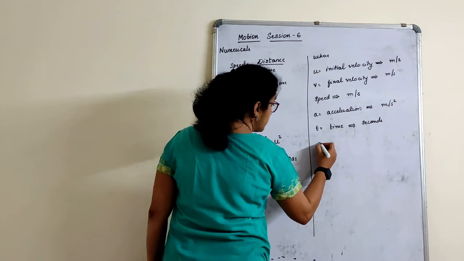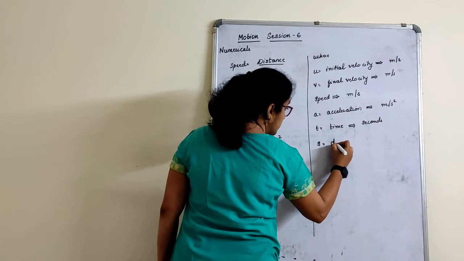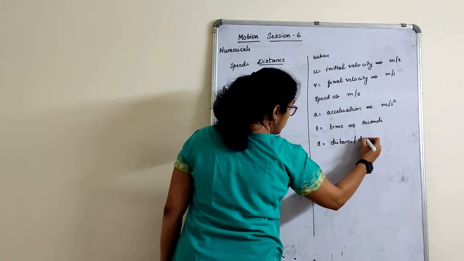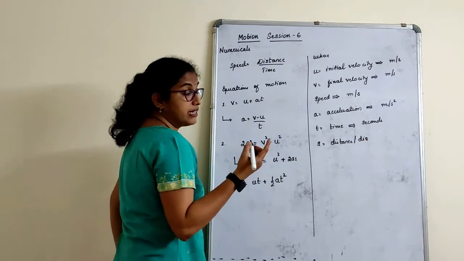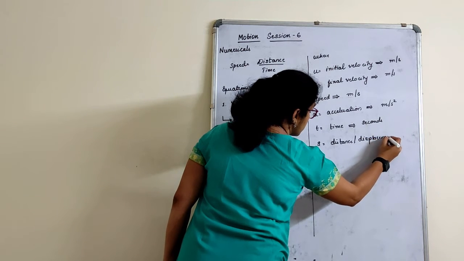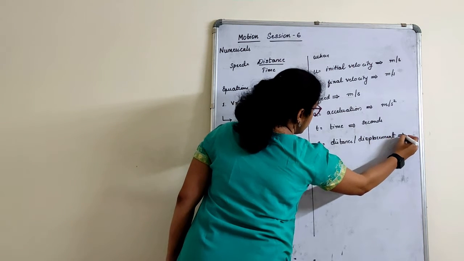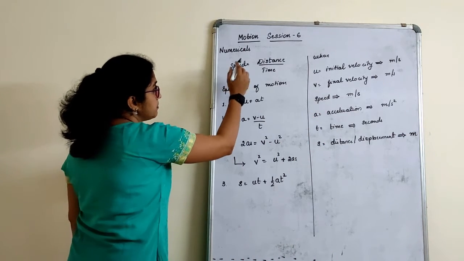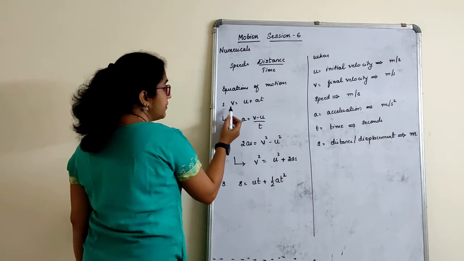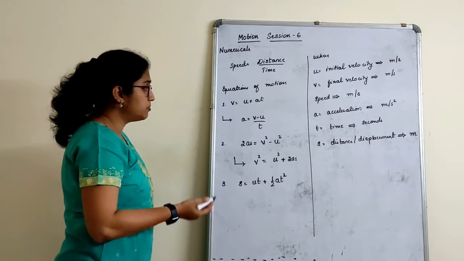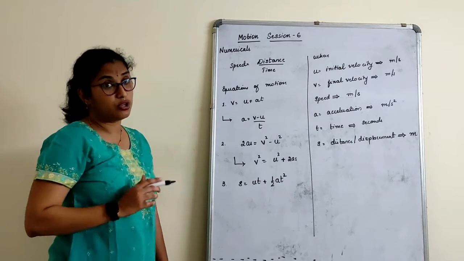Then S is equal to distance, sometimes they also give displacement depending on the question, with direction or whatever they mention, given in terms of meter. We covered speed, distance, time, V, U, and T. So our numericals are going to be based on this.